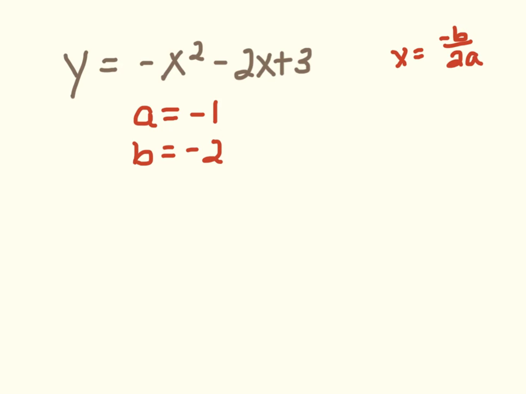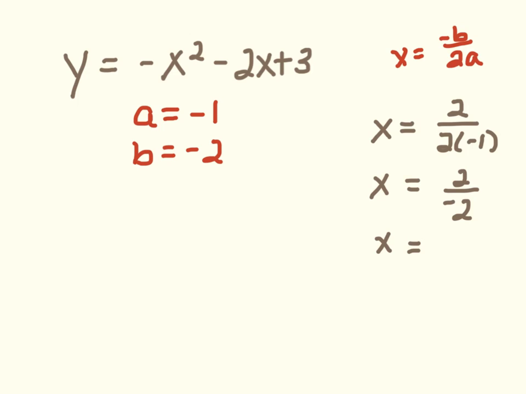Using our formula, we would fill those in. X is equal to, the opposite of b would be positive 2, and 2 times negative 1 would be the denominator 2a. So that would simplify to 2 over negative 2. X is equal to negative 1. That is your axis of symmetry.